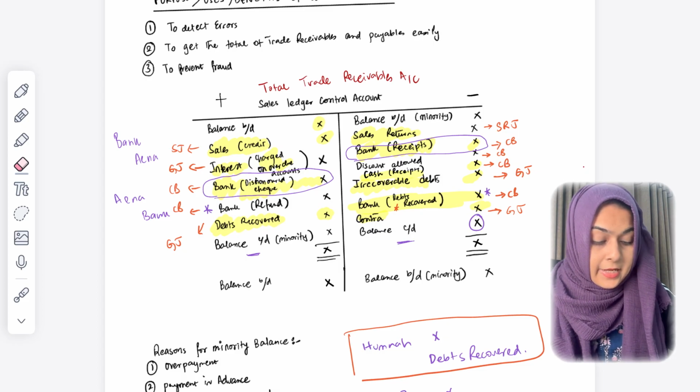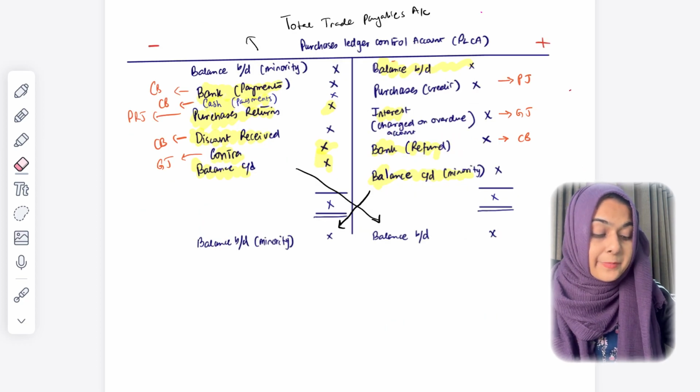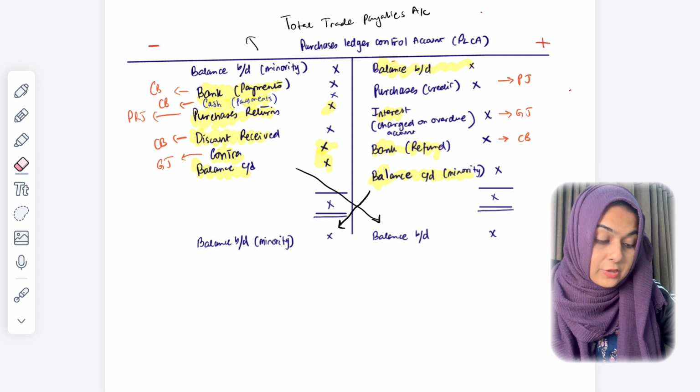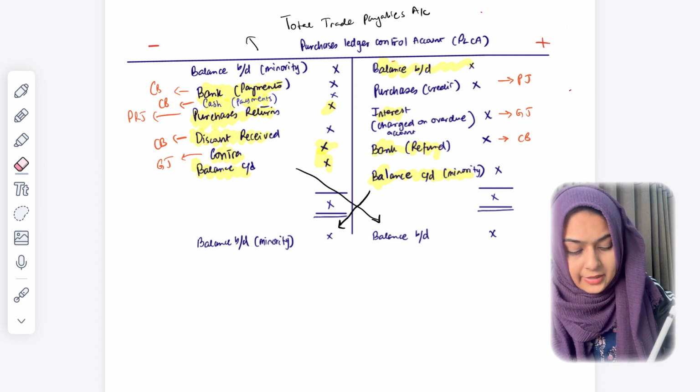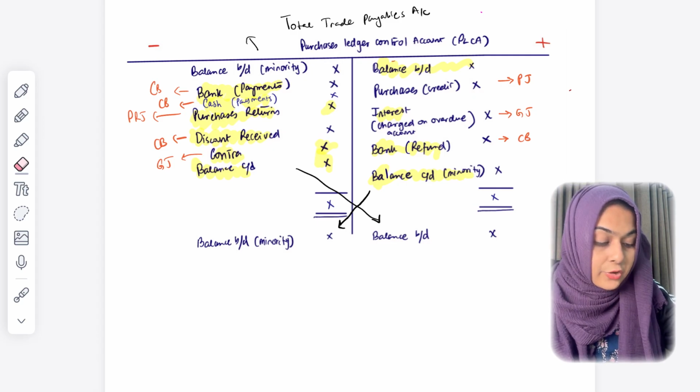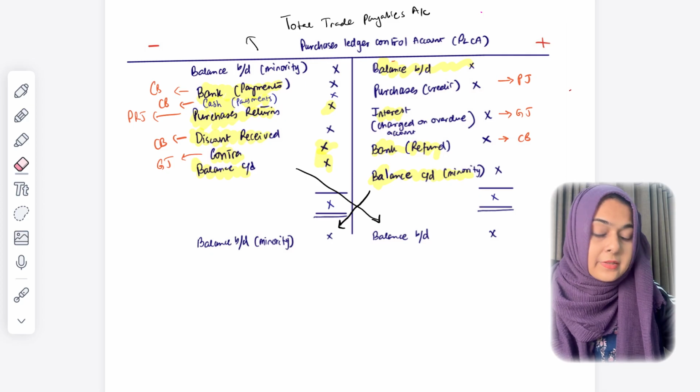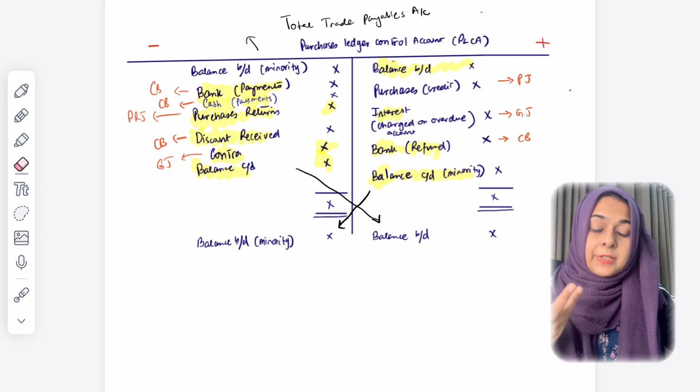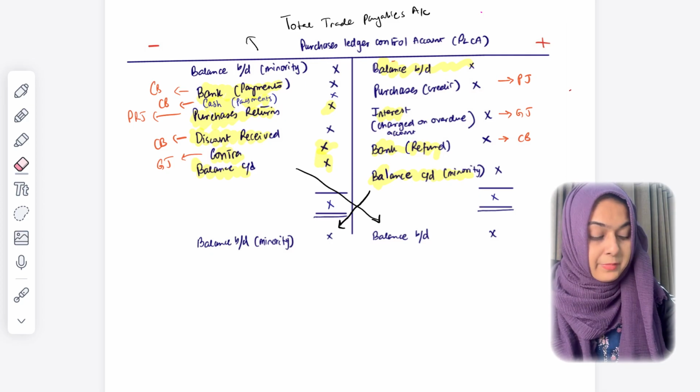And that's it. The next T account, the purchases ledger control account: the credit purchases will come from the purchases journal. The purchases returns will come from the purchases returns journal. Interest charged on overdue accounts, again general journal. Bank refund, our suppliers giving us a refund that will be debited in the cash book, so this is coming from the cash book.